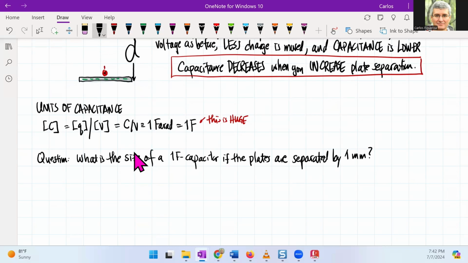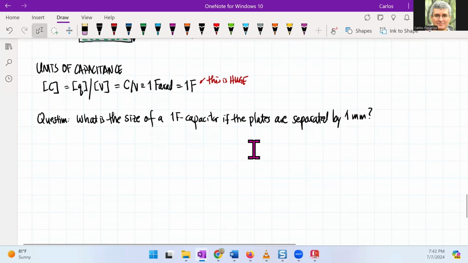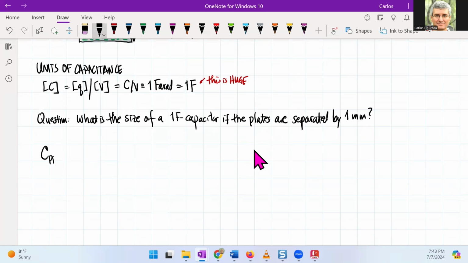Here we go. This is sort of a crazy thing, but you're going to see what I mean. If I have a capacitance, and we're going to use air as the dielectric, the capacitance is equal to 1 farad. Epsilon naught is 8.85 times 10 to the minus 12, typically in units of farads per meter.